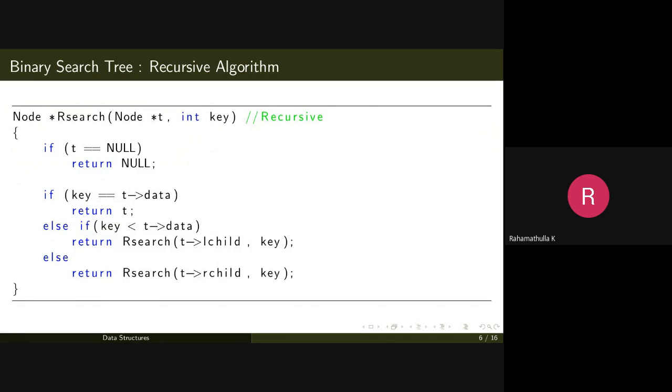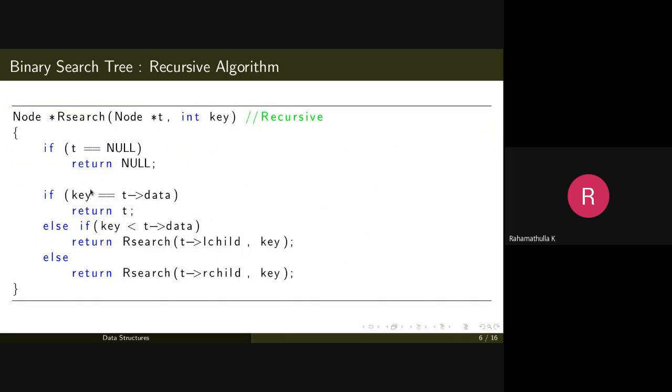Now let's discuss the binary search tree search algorithm, a recursive algorithm as well as iterative algorithm. This is the recursive algorithm. You take a pointer t, which is initially the root node. If t is equal to null, then return null. If key is equal to t pointer data, then return that value.